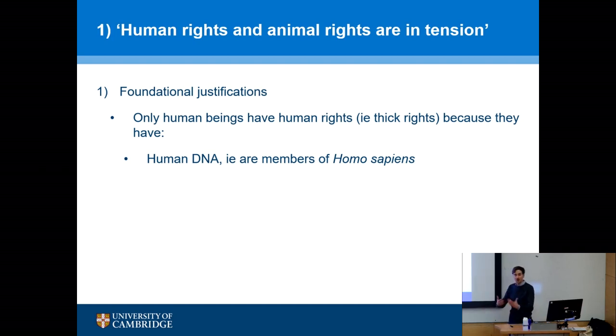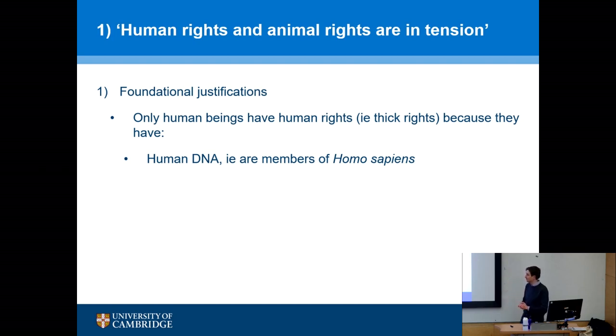One first ground, one foundation, if you like, is that only humans belong to the human species. Only humans have human DNA, if you like. Only they are members of Homo sapiens. Now, this has been criticized mainly for the reason that it runs into the problem of speciesism that we discussed last term, and we're going to pick this up again in a few minutes.